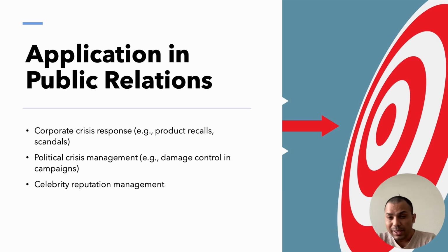When there is some scandal or some problem in your product or services, that will create a lot of problems for the reputation of your organization or public figures. During that time, image repair or restoration theory will help the organization, public figure or any individual approach that crisis and respond to it.